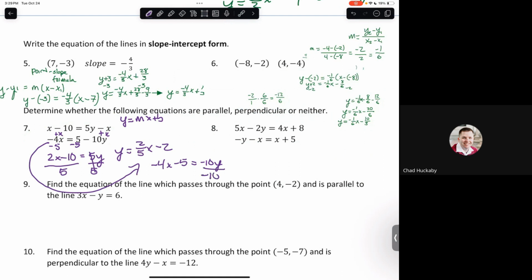Divide both sides by negative 10, and those negative 10's cancel, and y is equal to negative 4 over negative 10, or 2 over 5 x, minus 5 over negative 10, or minus 1 over 2. Do you have any questions about how I arrived at these two equations?